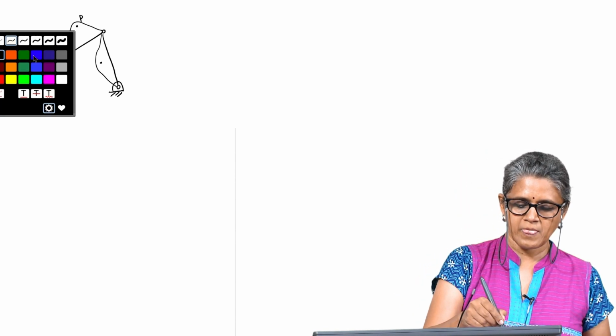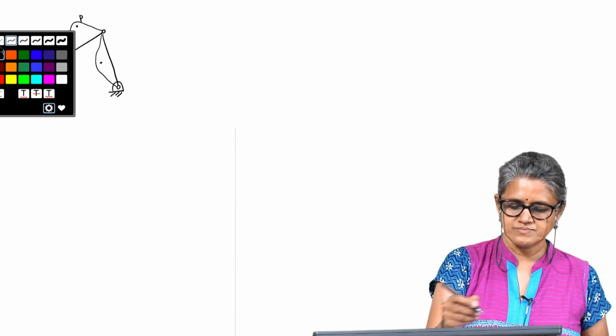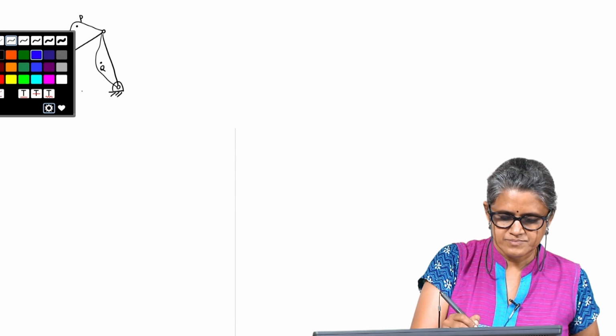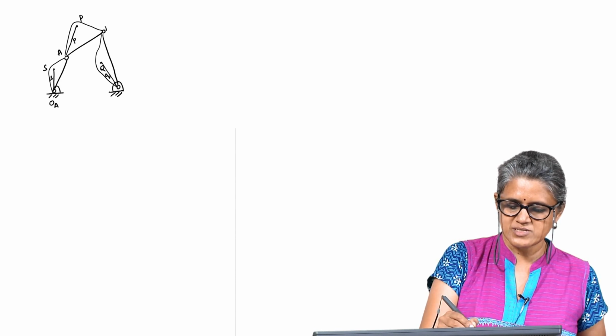So, if I call this, it is part of this rigid body. Let us say I call this distance S, this distance Q, this distance P, small p, and it is easier for me because each one is part of a specific rigid body.